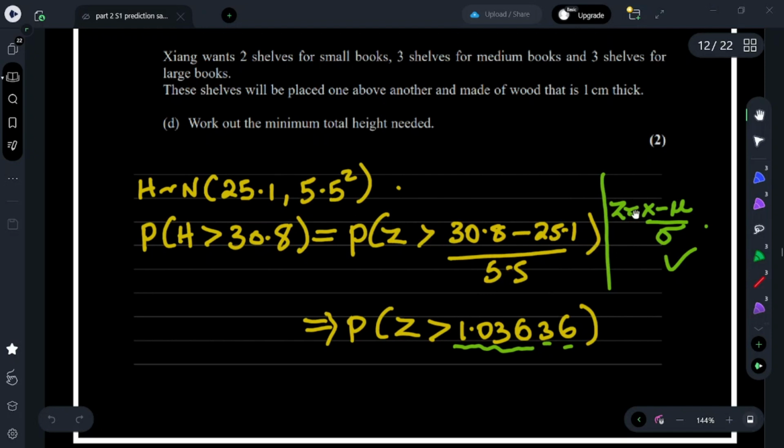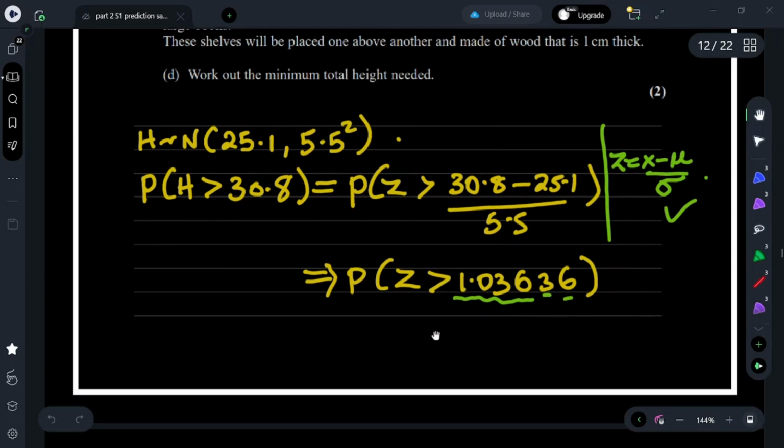We have to remember the formula for calculating the Z value: Z equals X minus mu divided by sigma. So our Z value is going to be 1.03636. So we can get the probability that Z is greater than 1.03636.